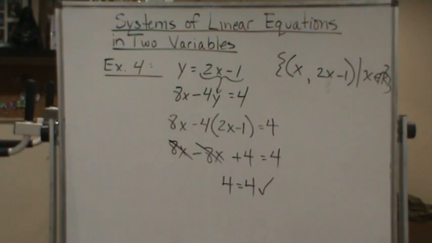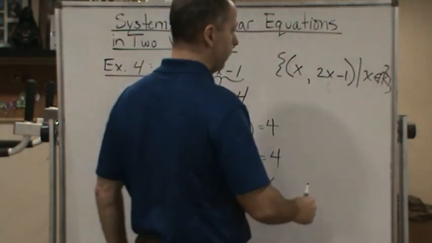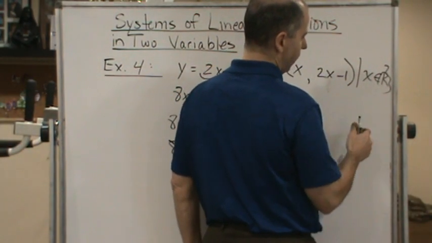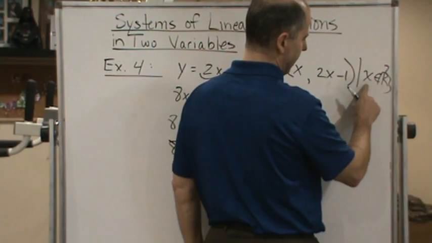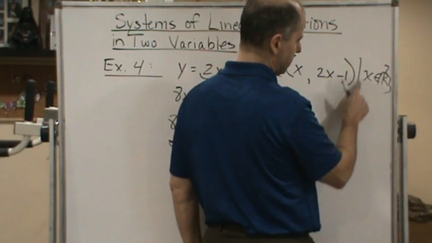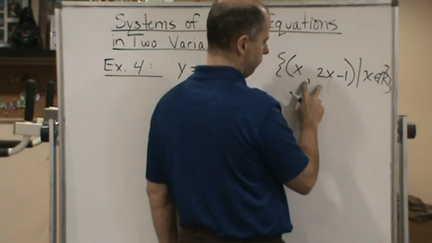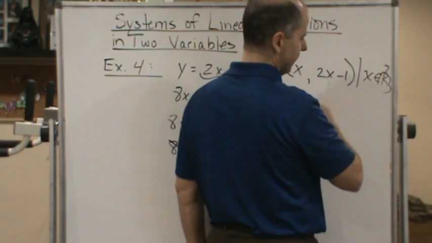And now I use a boldface R, which represents the reals. That's a common symbol. Or you could just write it out, such that this vertical line means such that. So the set of all points of this form such that x is any real number.